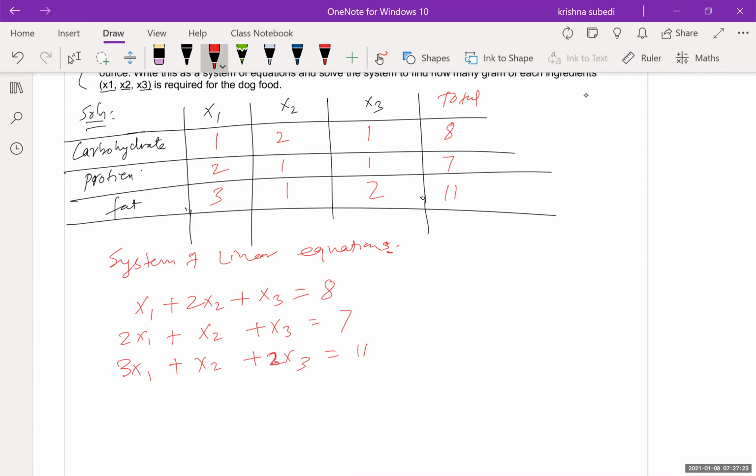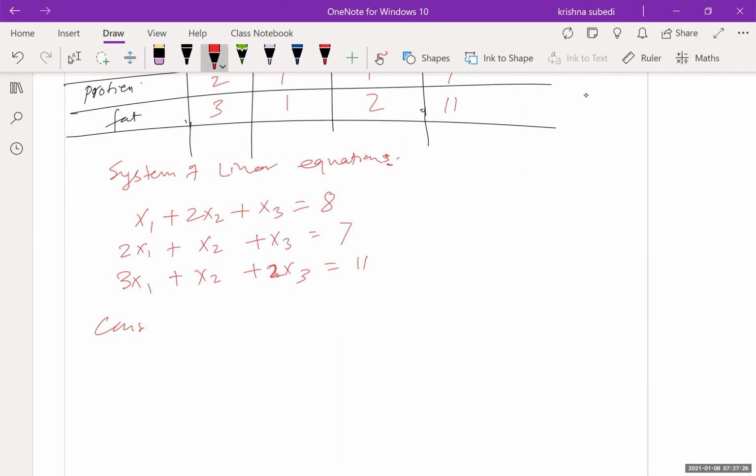Right? Now consider the augmented matrix.